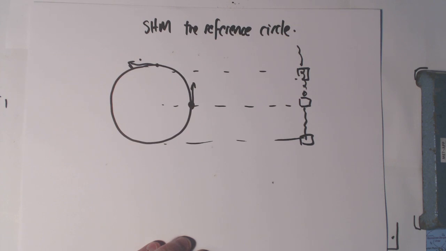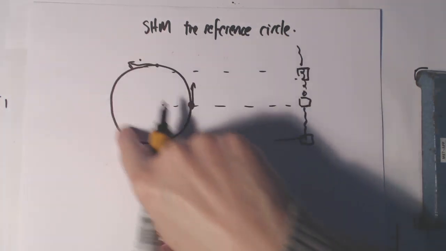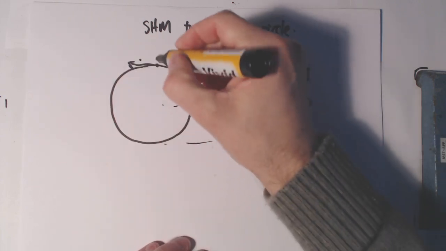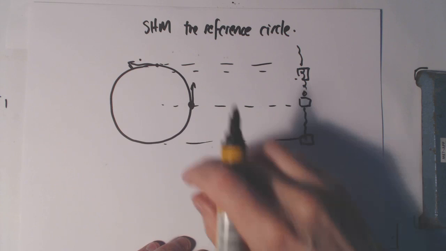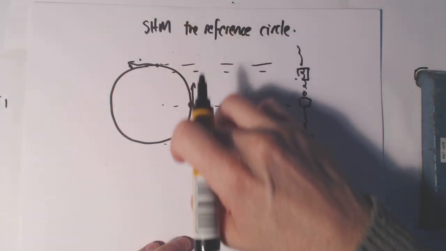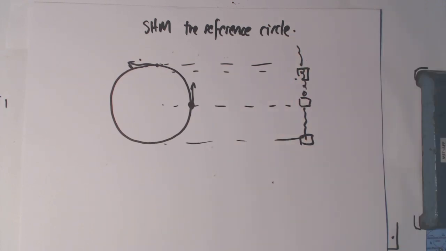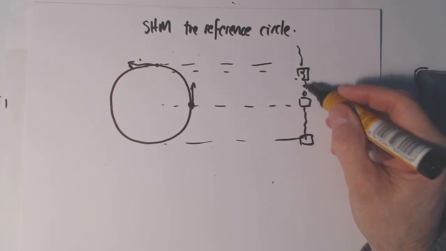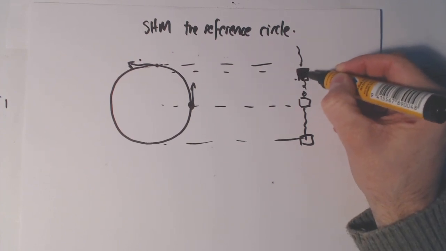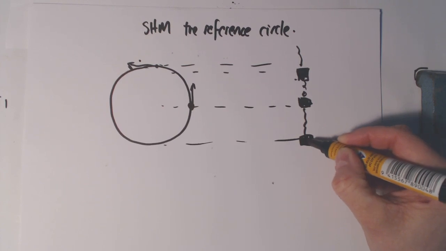But although this is a constant speed, if we project just the vertical component of this thing's position onto a screen, we would get it exactly matching the position of this mass bouncing up and down. So this reference circle becomes a really good tool.